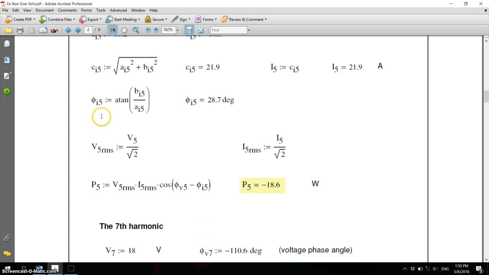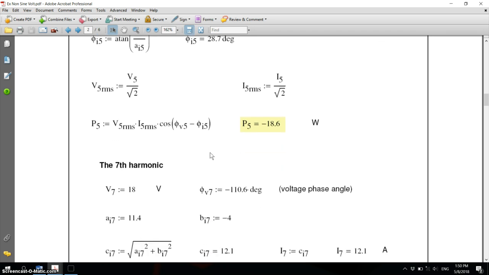Right, so again, this is the power contributed by the fifth components of voltage and current. So you get minus, remember, instead of plus, we can also have a minus 18.6 watt.